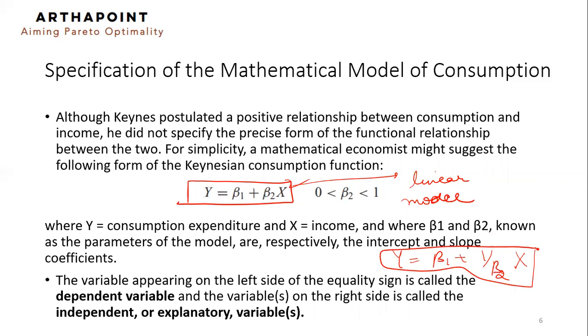Nobody went ahead and gave you that as part of the theory. They said that there is a positive relationship. Is that relationship linear, non-linear, quadratic, log-log, lin-log? What kind of relationship exists is not clear. So I go ahead and start giving it a formal mathematical relationship in the form of a model.